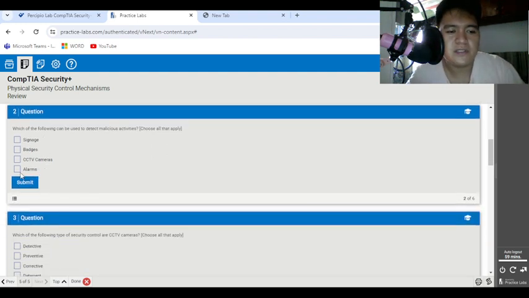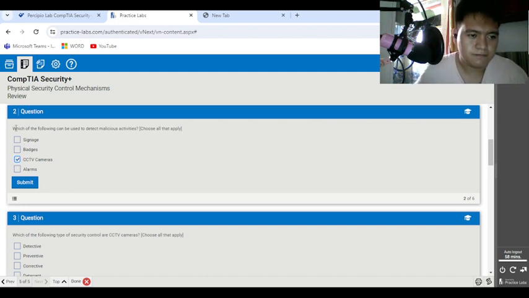Which of the following can be used to detect malicious activities? CCTV cameras. Signage.